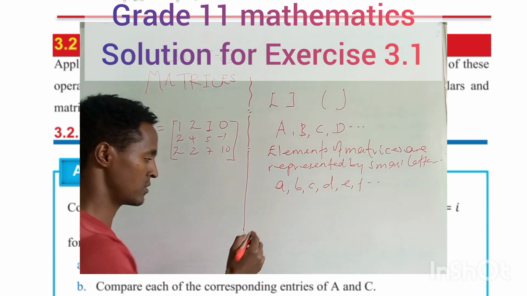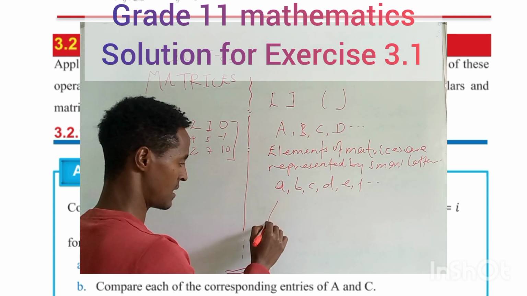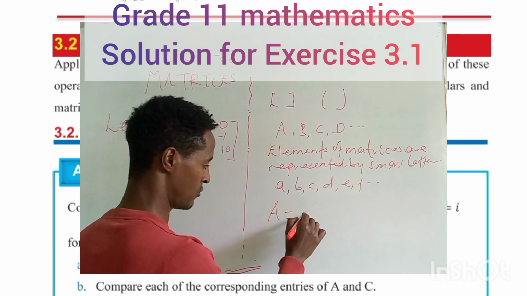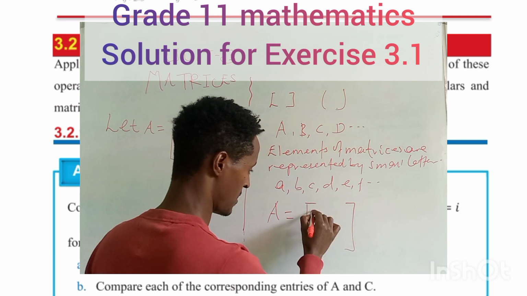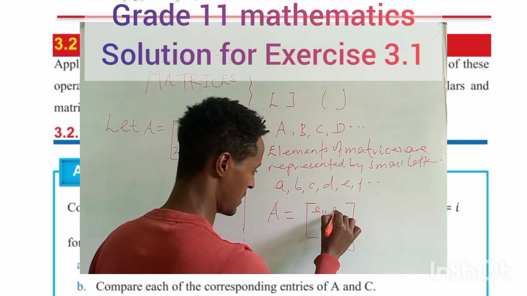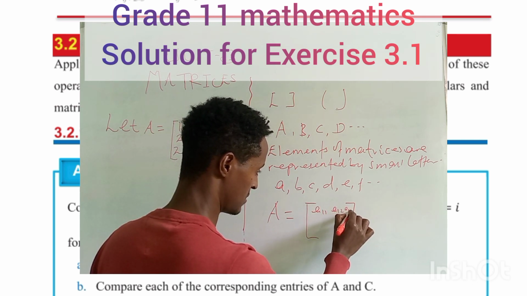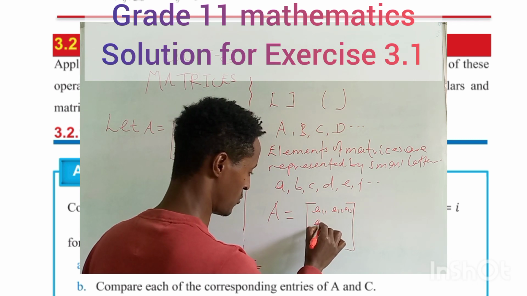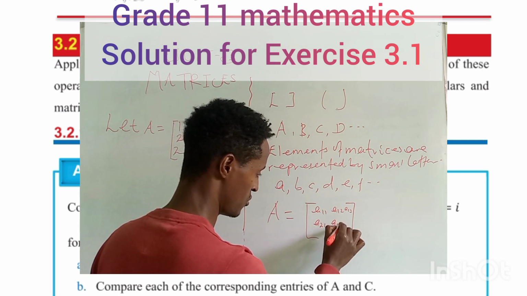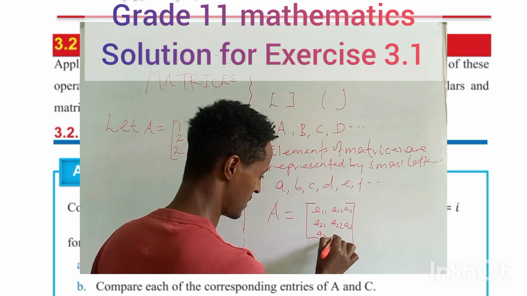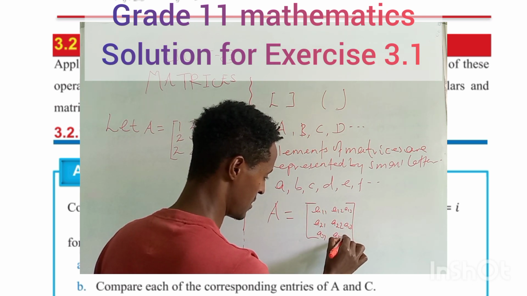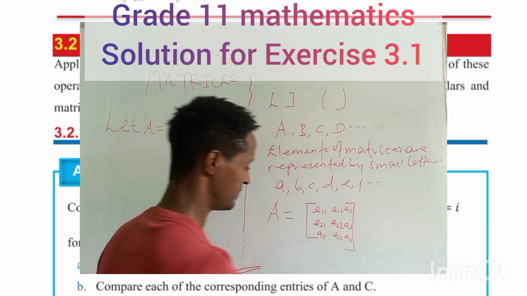So let us consider this one. Let A be a matrix given in this form: A11, A12, A13. This is A21, A22, A23, and here A31, A32, A33.